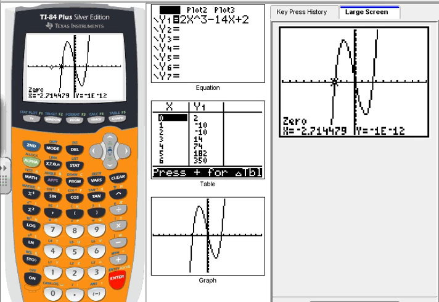That's going to be your x-intercept. And you can do the exact same thing for the next two. So your other x-intercepts are going to end up being that negative 2.714, 0. This one is at 0.143, 0. And this third one will be at 2.571, 0.